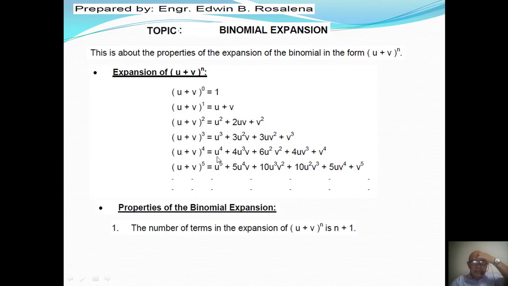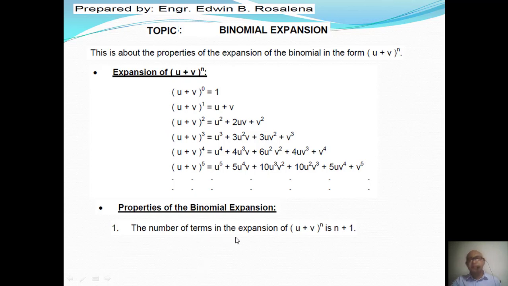Then, the number of terms here is n plus 1, meaning 4 plus 1 is 5. Let us count. 1, 2, 3, 4, 5. Right? So, if you have u plus v to the power 5, then we have 6 terms here. 1, 2, 3, 4, 5, 6. Right?